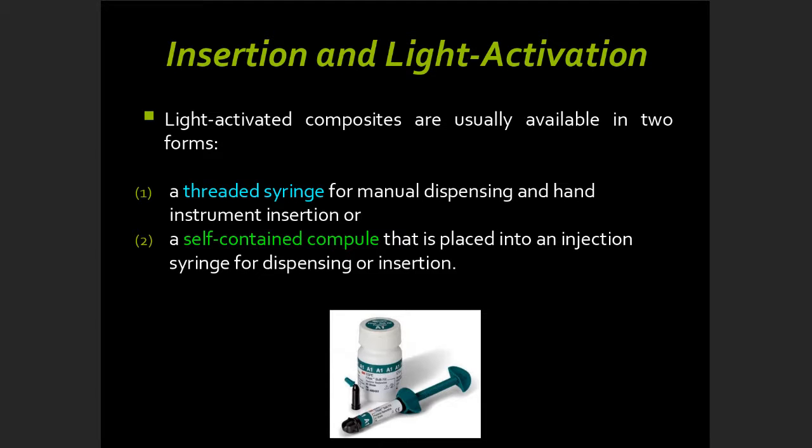So you can have the composite either in tubes of a few grams, 2 grams, 3.5 grams, for more cavities, or you can have small compules loaded in the injection syringe for a small cavity. For just one preparation you need one compule.